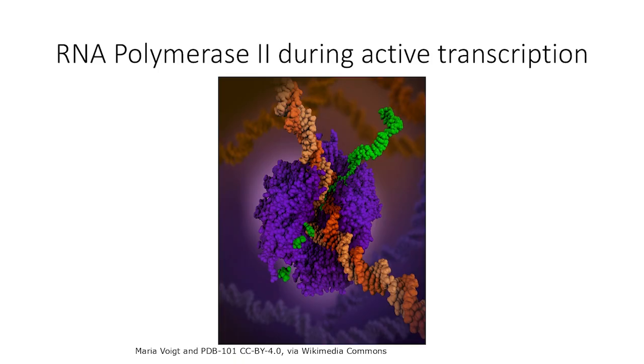The double-stranded DNA is held in the jaws of the RNA polymerase, in which the 2 strands, the bright orange and the yellow orange, have been separated or unzipped. The bright orange is actively being transcribed. It is being copied onto a single strand of messenger RNA colored green.